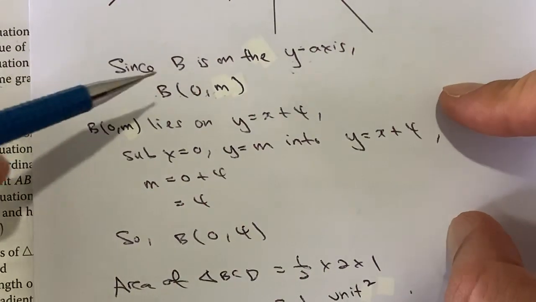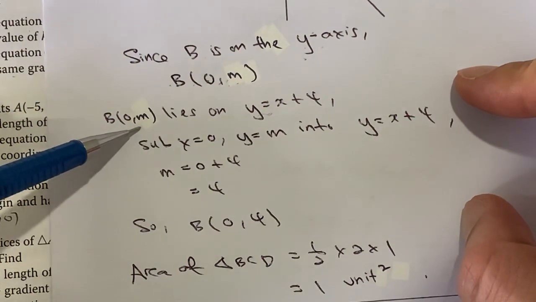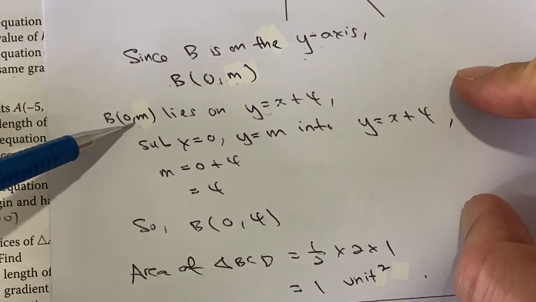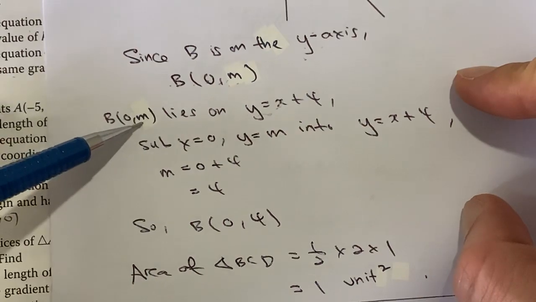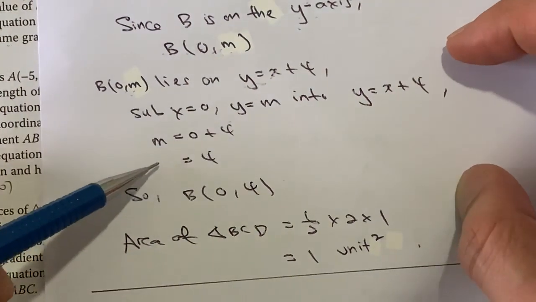Since B lies on the line, as at the start of this video, we know that we can substitute this point 0 comma m into the line. So we'll substitute x equals 0, y equals m into y equals x plus 4.